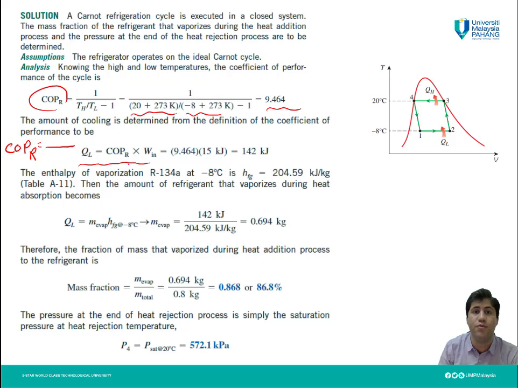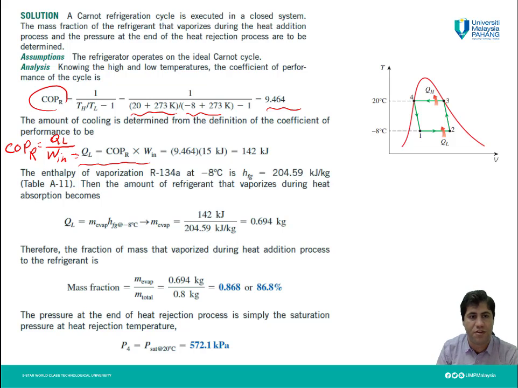The provided input for a refrigerator is W in, and the desired output is QL, which is the amount of the energy which we are interested to capture or absorb from the lower temperature media.